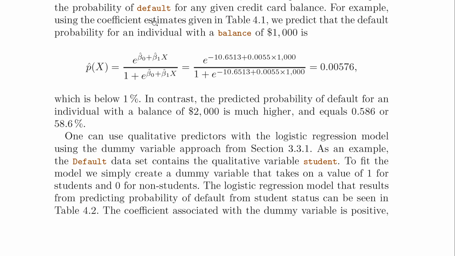So you take, for example, everyone on the books with a balance of $1,000, and you tell her, well, on the basis of simply their credit card balance, we think that individuals with roughly $1,000 have a less than 1% chance of defaulting.